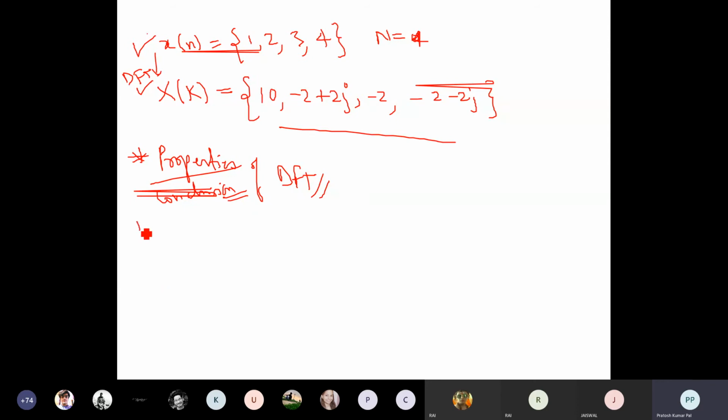So the first point that we can conclude is x of 0 is always the sum of the sequence x of 0 plus x of 1 plus x of 2 plus up to x of capital N minus 1.